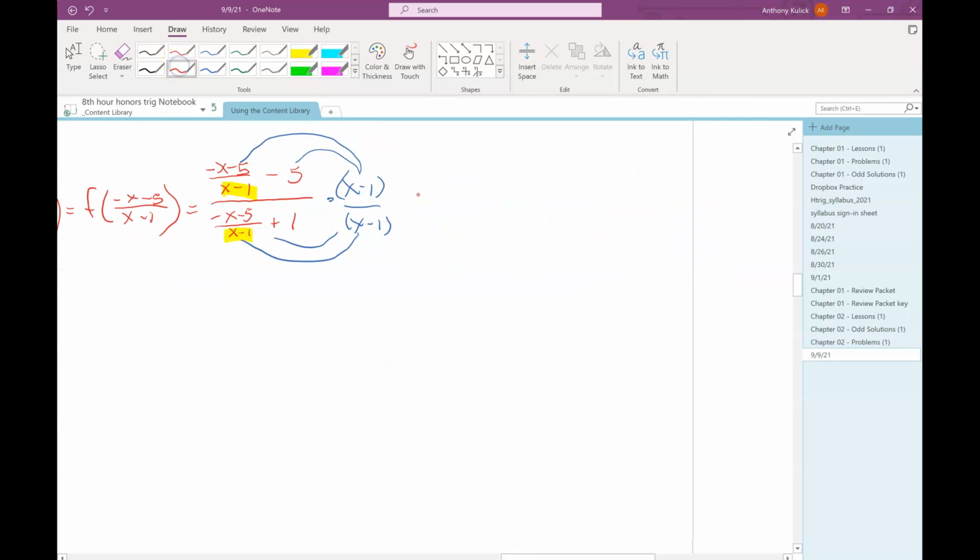When I multiply x minus 1 to the fraction, the x minus 1 cancels with the x minus 1 in the denominator. So all I'm left with is the numerator. And then it distributes to the other piece. And I do the same thing in the denominator.